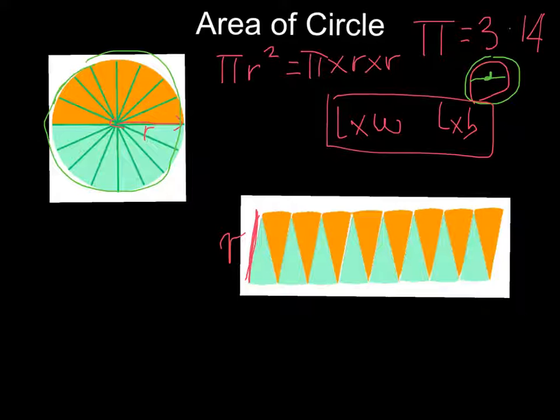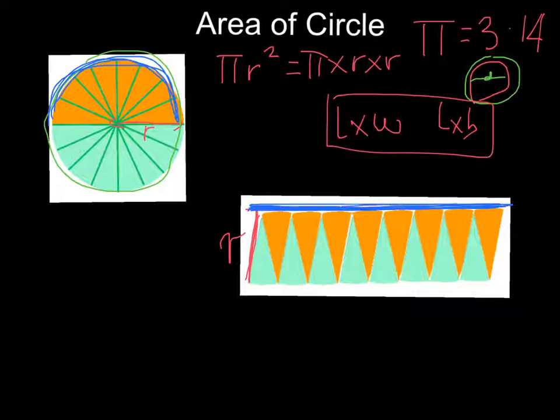If we have a look at the top, you can see that the length is corresponding, and maybe I should do this in a different color. Let's do it in blue. The length here corresponds to the outside of the curved pieces of the oranges here. So that is half the way round the circle, or half the perimeter of the circle, which is half of the circumference.